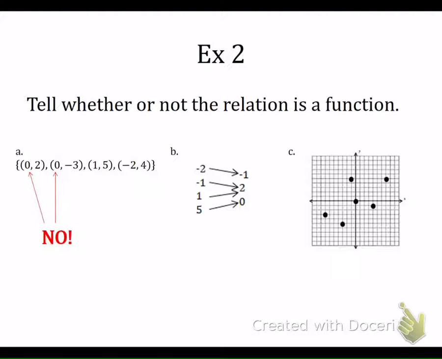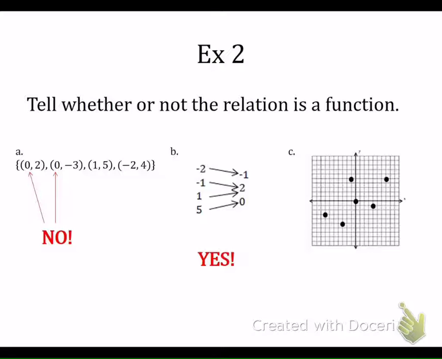Now, in part B, do you see how 2 of the x's give you the same y? That's fine, as long as the x's aren't the ones that are repeating. So that one's fine. Now, if you had 2 arrows coming out of the same x, like if 5 gave you 0 and -2, that would be a no. Okay, as long as your x's aren't repeating.